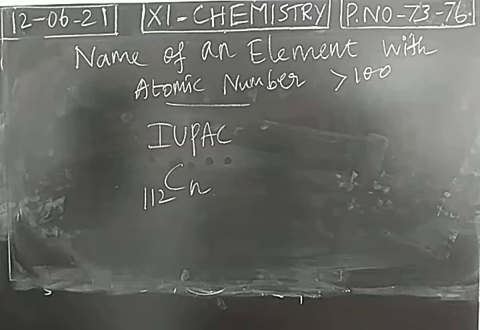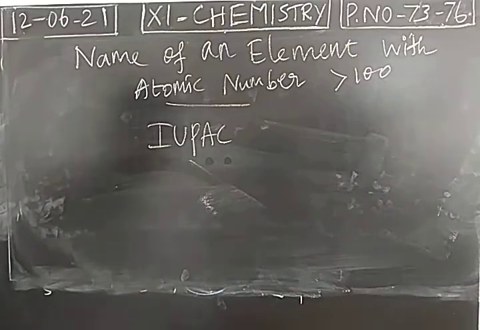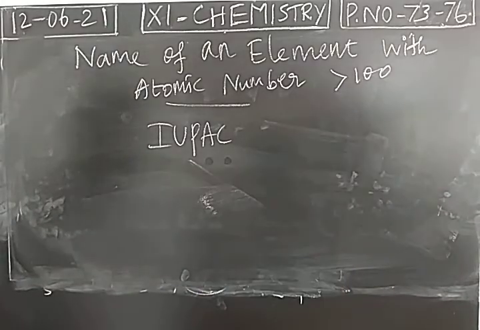Many elements were authenticated. Until the authentication process is over, we have to follow a temporary name and a symbol. So elements with atomic number more than 100 will be represented using a temporary name and a symbol. For that, UPOC has given certain rules.